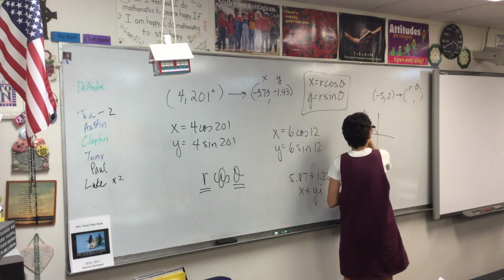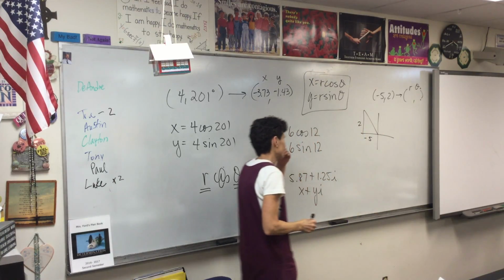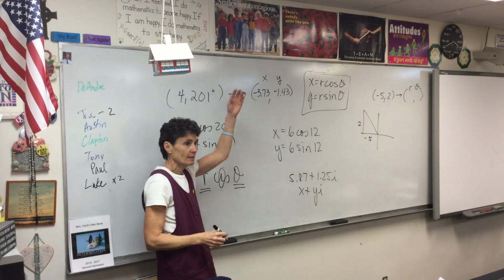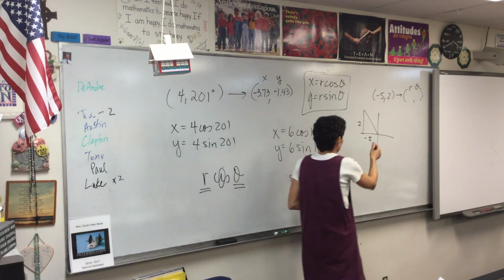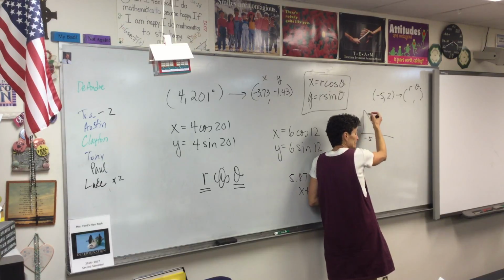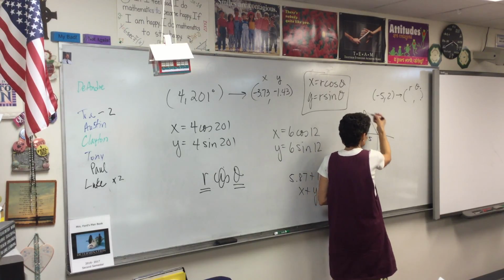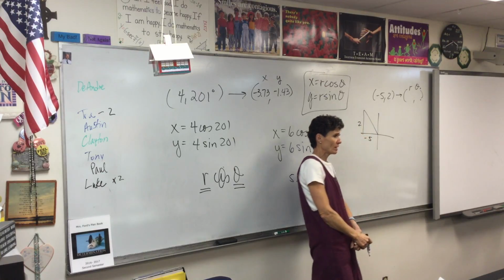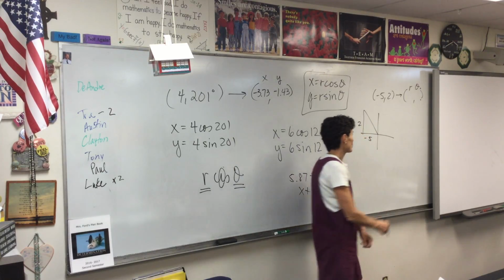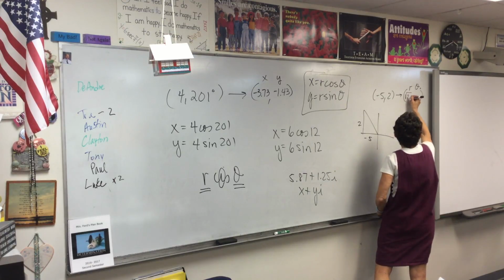So in this case, I'm going left 5 and up 2. This number is r. So what would r be? r is easy. What is it? Not root 7. Watch your arithmetic. Square root of 29. We're doing the Pythagorean theorem.